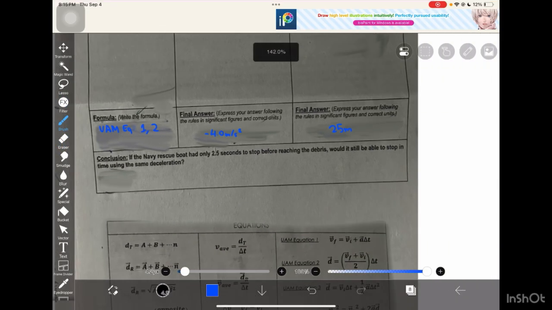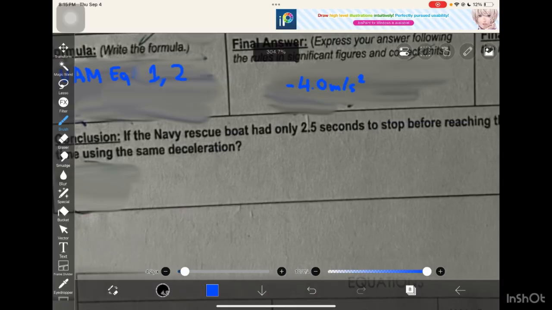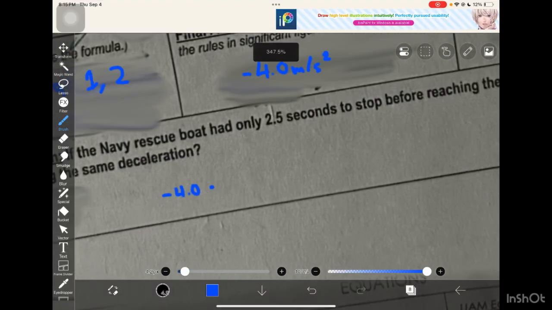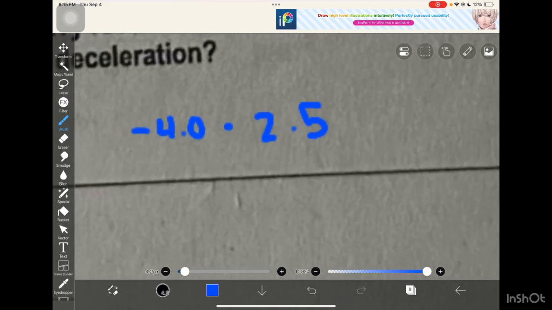If the Navy rescue boat only had 2.5 seconds to stop before reaching the debris, would it be able to stop in time using the same deceleration? So let's solve for this. We have negative 4.0 times, that's our deceleration, times 2.5 seconds. So that's very simple. It's just negative 4.0 times 2.5, negative 10.